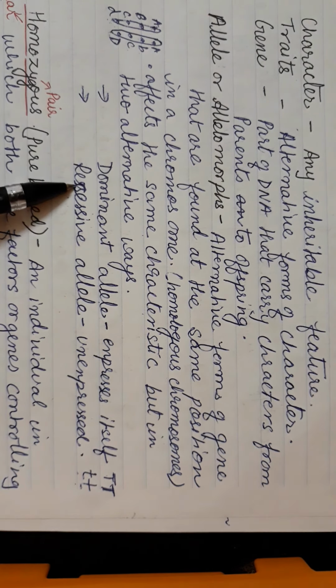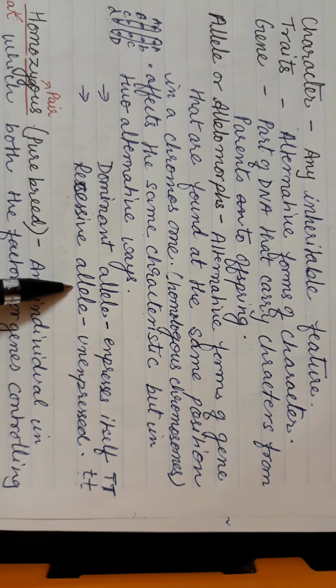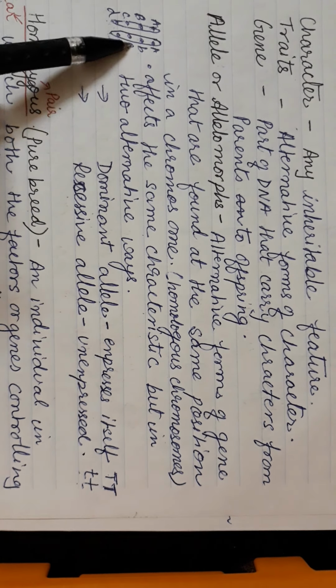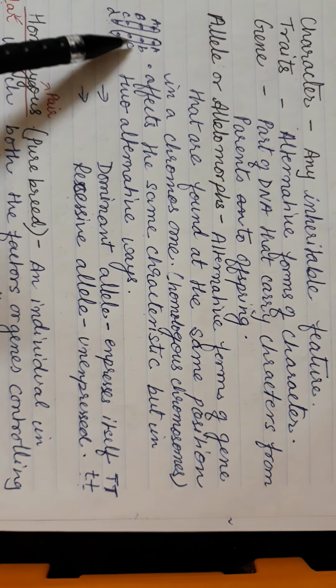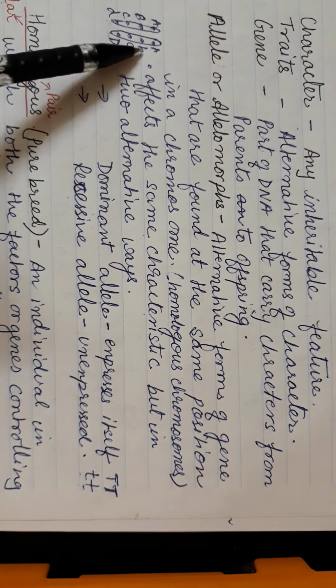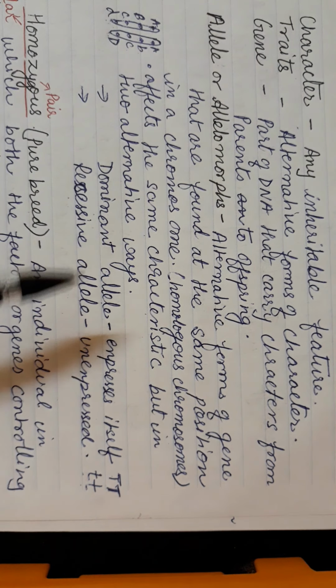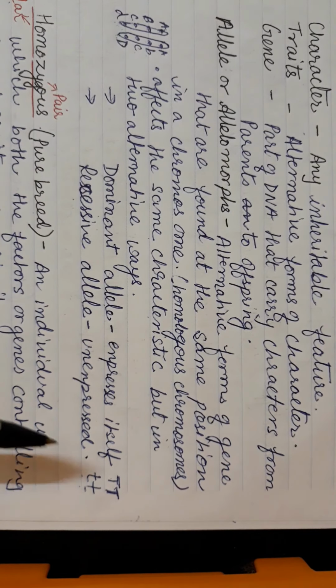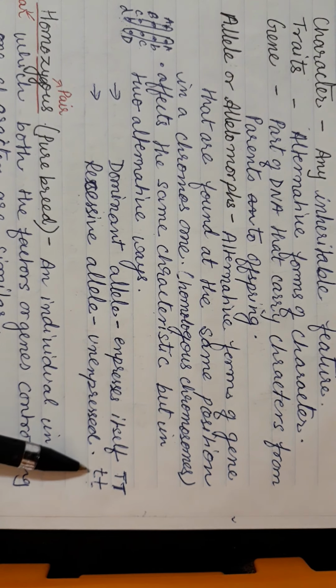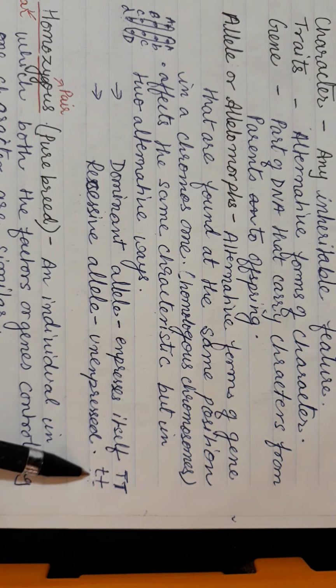Then the recessive alleles are generally written as small letters. The ones here which we have as small letters all represent recessive alleles. The recessive alleles do not express themselves, so they remain unexpressed, and they are represented as small letters.